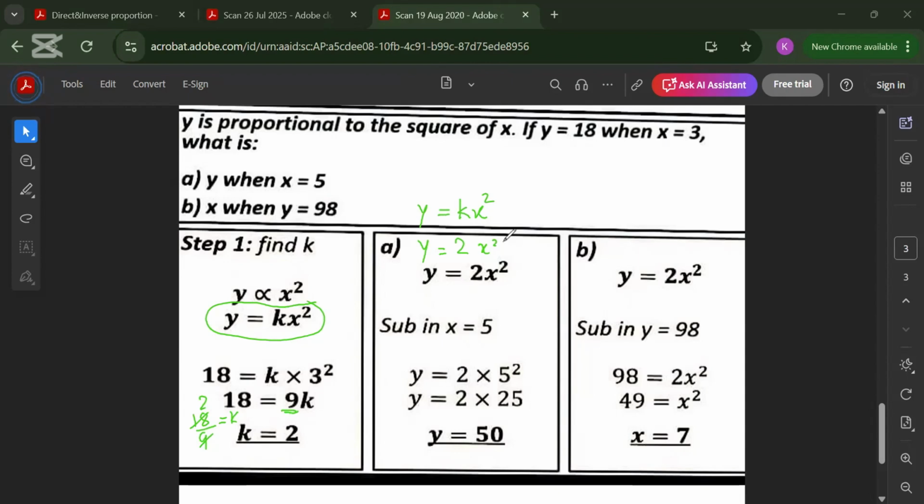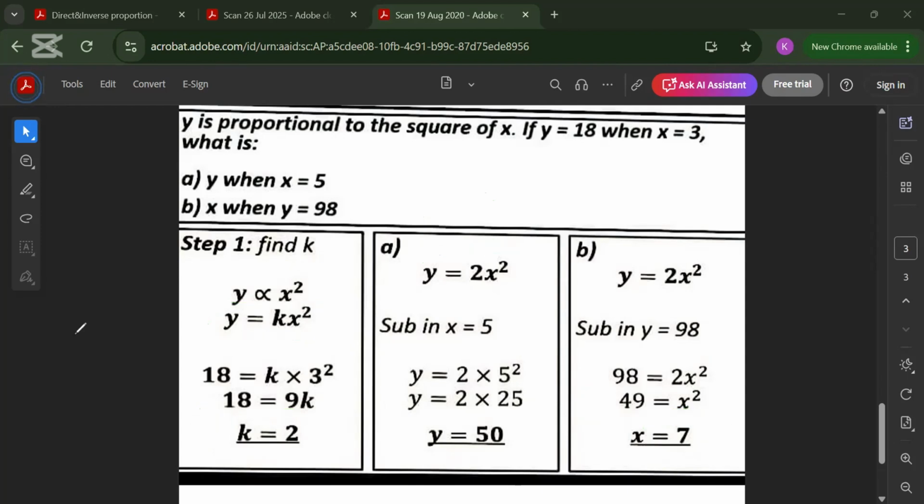Next, y equal to 2x square. Hopefully, we know from where this 2x square came. Then filling in the values, we get 98 divided by 2 gives us 49. Then how did we get 7? We have taken the square root of 49. So the square root of 49 gives us 7. That is how we have got this answer.